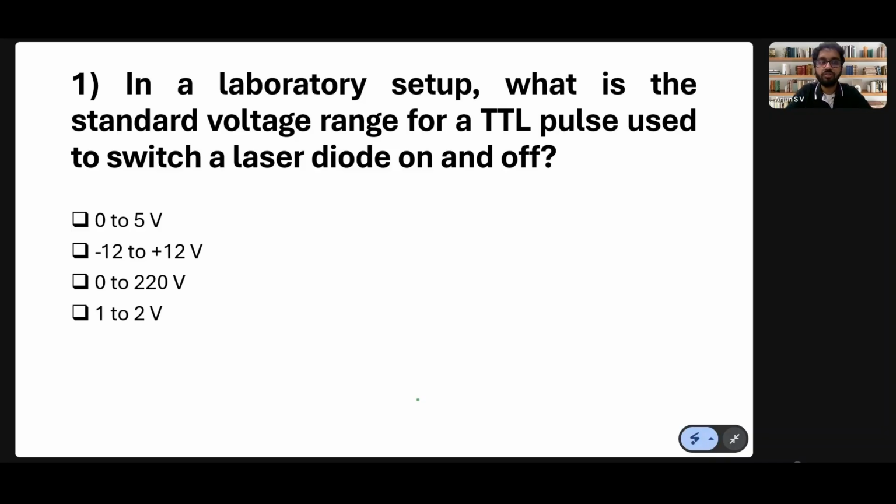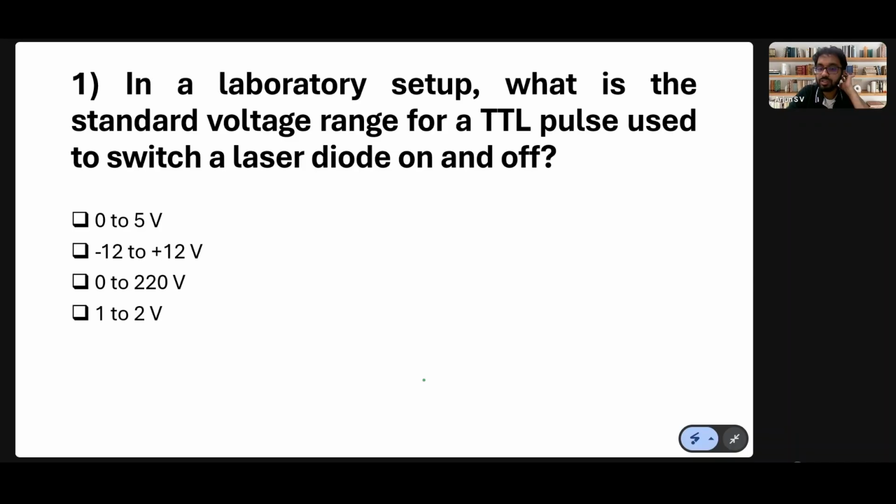Okay, if there are no doubts, we'll go ahead with discussing some of the sample problems. The first question is: in the laboratory setup, what is the standard voltage range for a TTL pulse used to switch a laser diode on and off? We saw that for different kinds of TTL pulses, we use different voltage ranges, such as 0.1 to 1, 1 to 10, and 10 to 100.